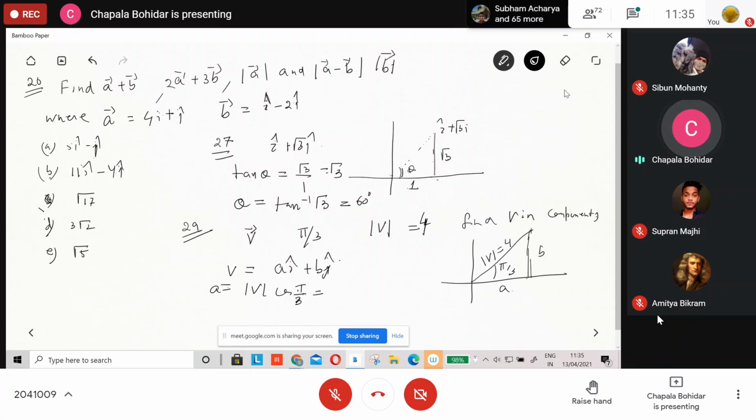Absolute value of V is 4. Cos pi by 3, how much? 1 by 2. Yes. So we get the value of A is 2. Clear? Now B.